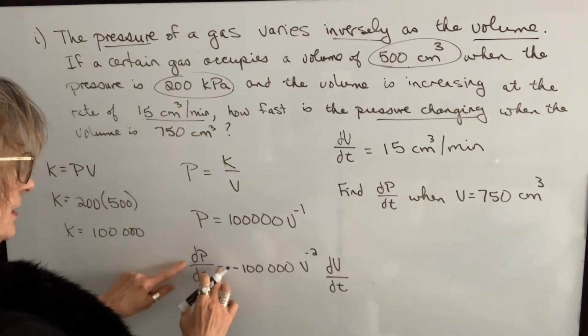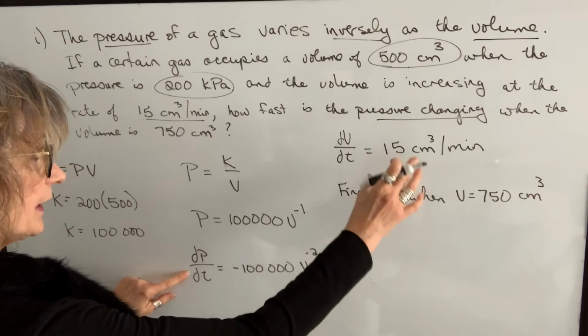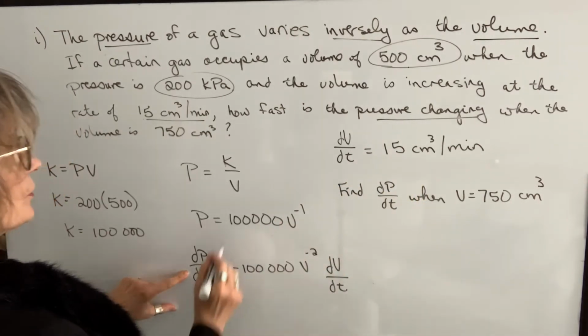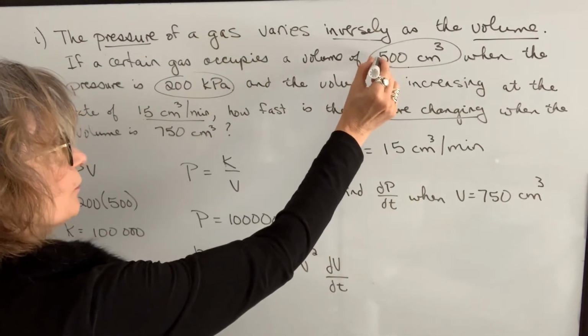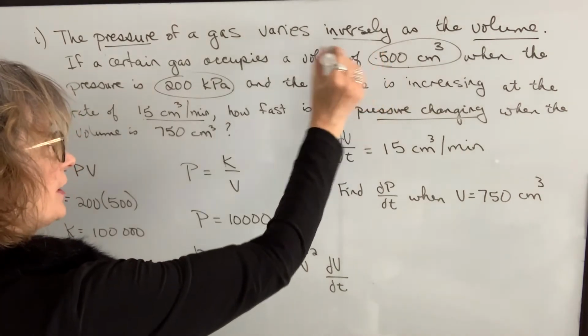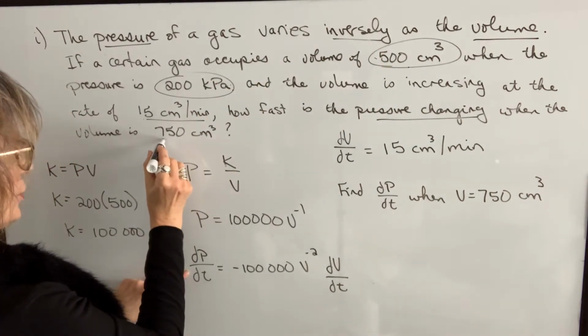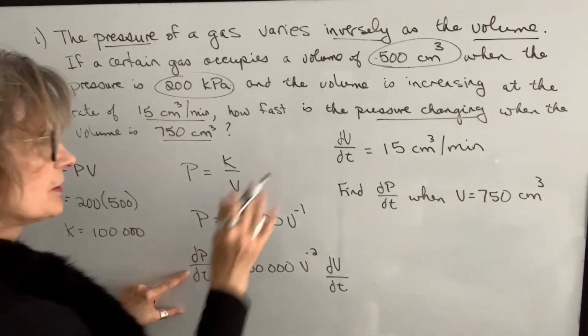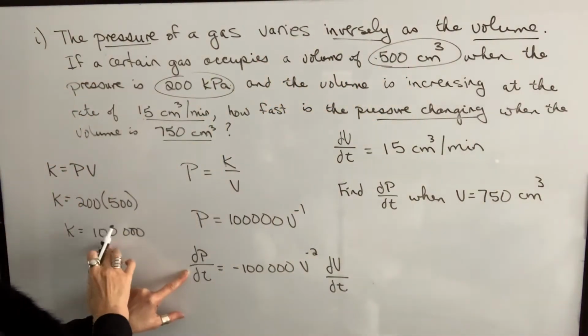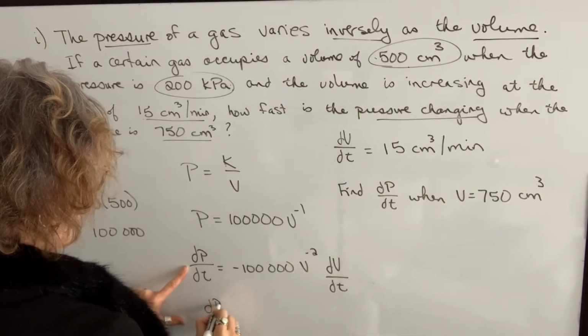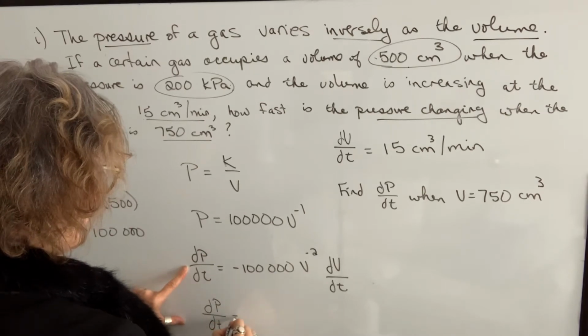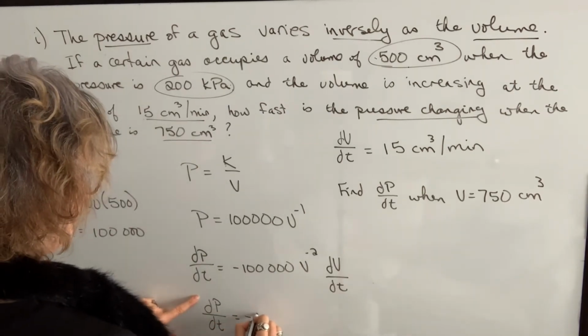I can now find dP/dt by plugging my values in. So I don't need these values anymore. I didn't want to know how the pressure was changing at those values. I wanted to know how it was changing at this value. So I ignore those, I just used those to find my constant. So dP/dt will equal, I'm going to plug my values in.